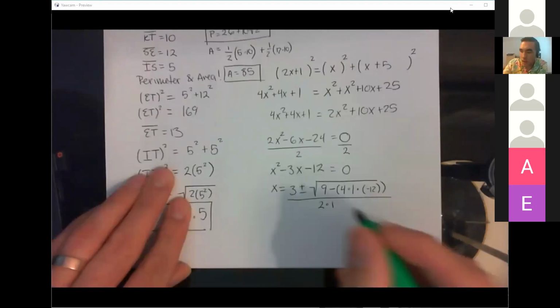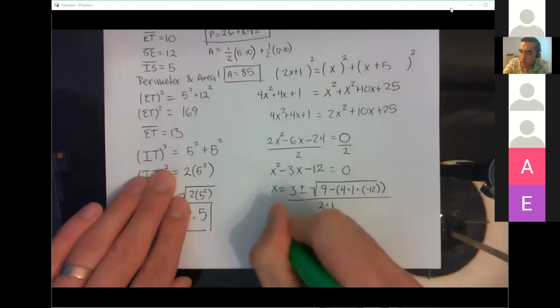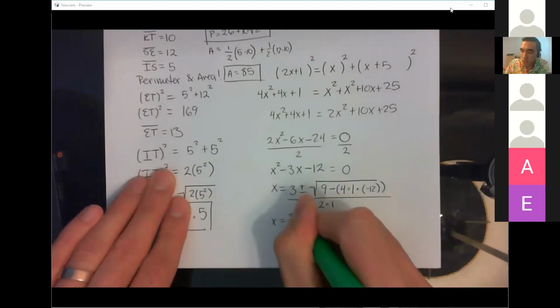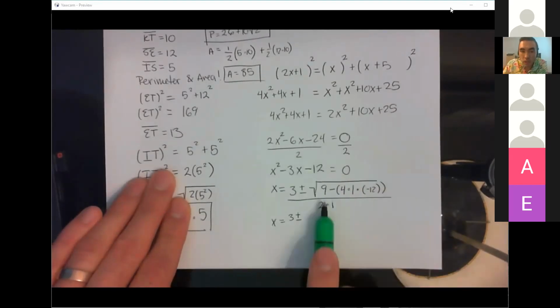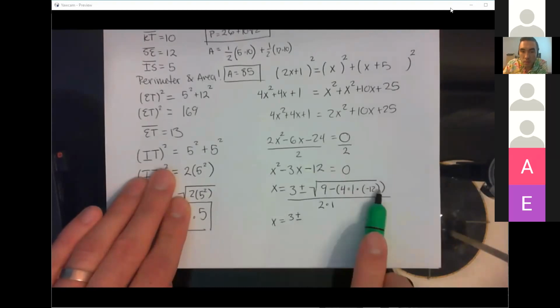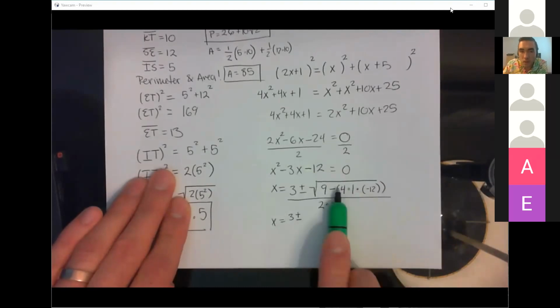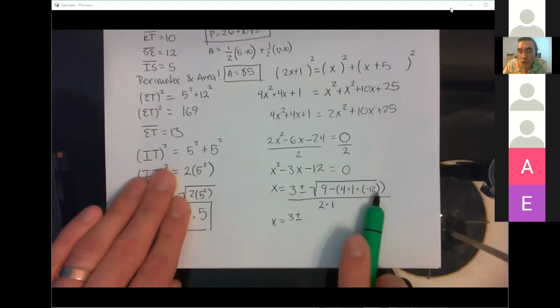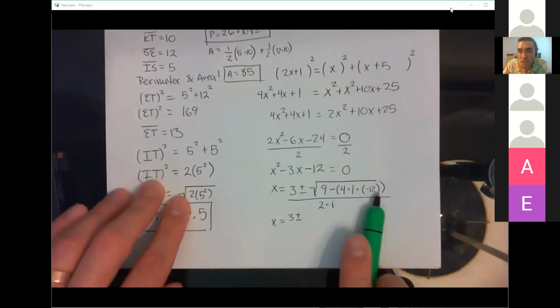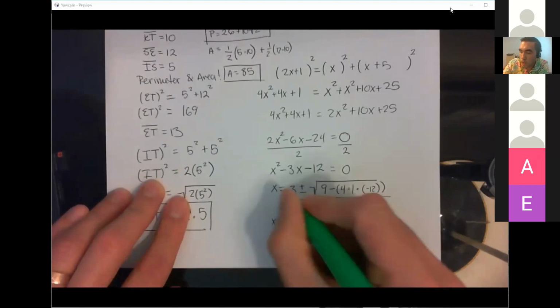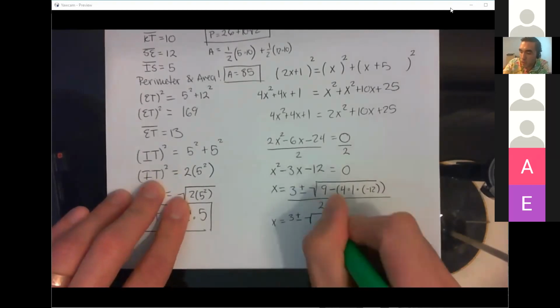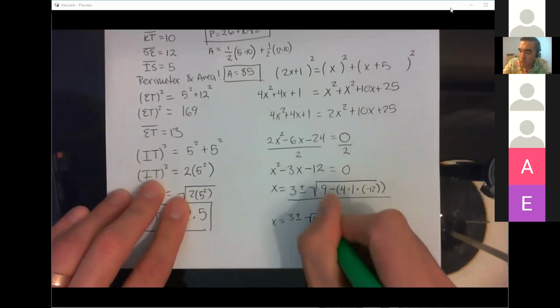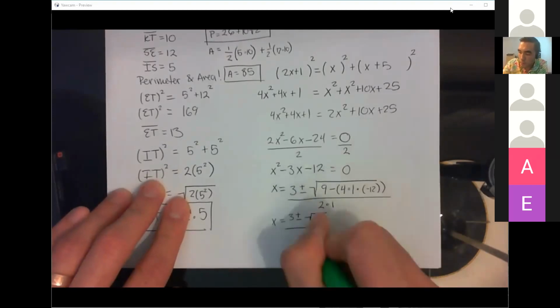So we're going to get that x is equal to 3 plus or minus the square root of 9 plus, because the minus and the minus here will become a plus, 4 times 1 times 12, which is 48. 9 plus 48 is 57. So it'll be 3 plus or minus the square root of 57 all over 2.